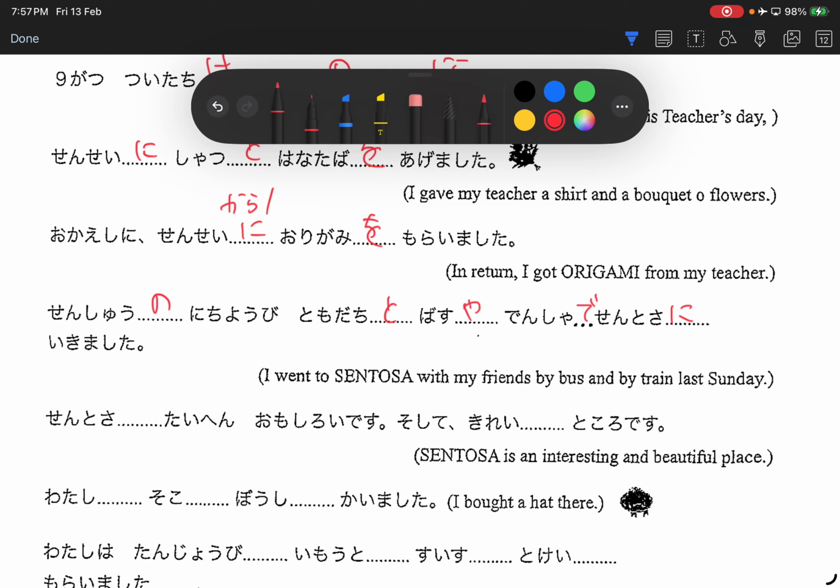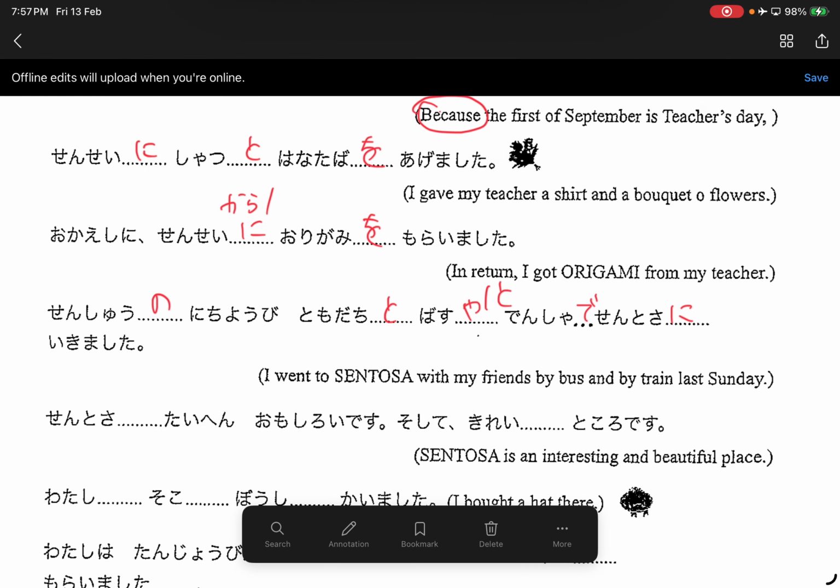Then バスや, you said や, right? Or バスと? If you write と it is correct. If you write や is also correct. Let me explain why. Remember there was one passage that lists out things, like や, など? I don't remember this.